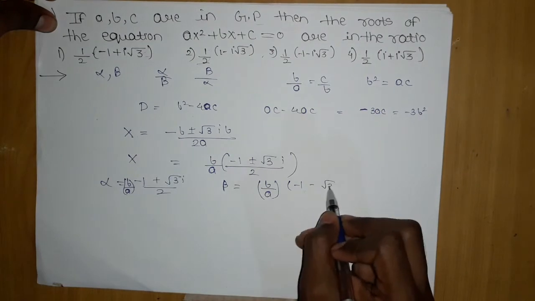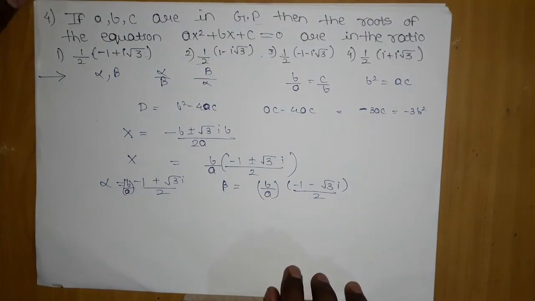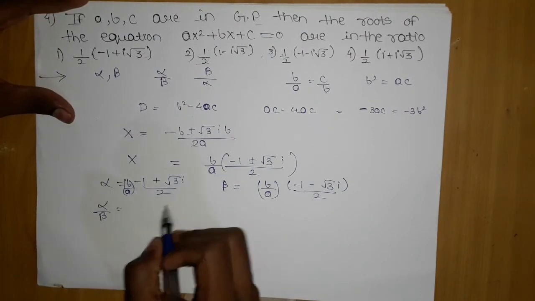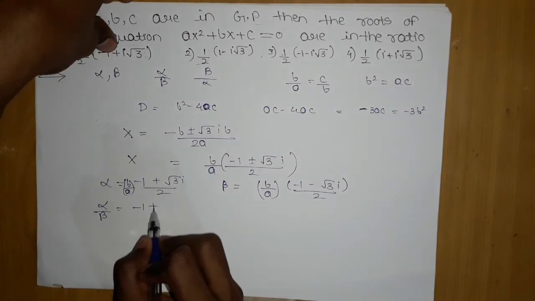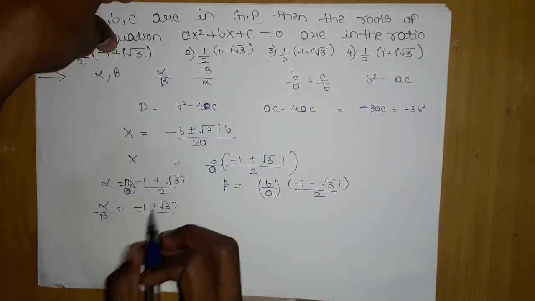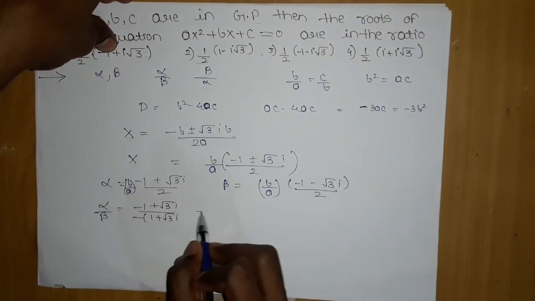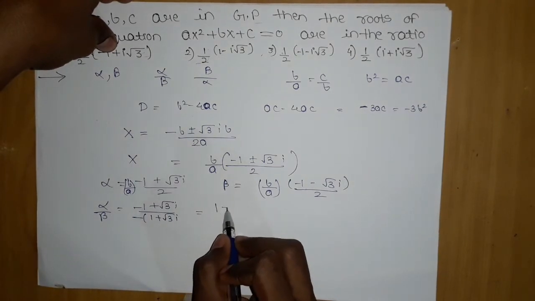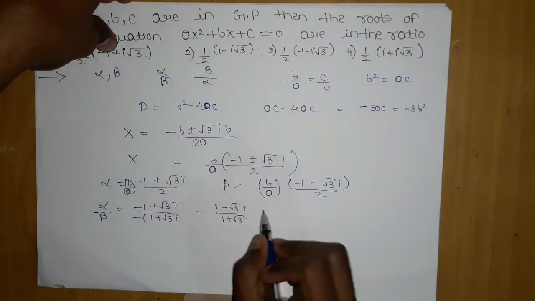Now if I take alpha by beta, these things will be gone. The only thing left will be under root 3 iota upon minus 1 plus under root 3 iota. If I take minus outside, this will become plus, and this will become under root 3i upon 1 plus root 3.